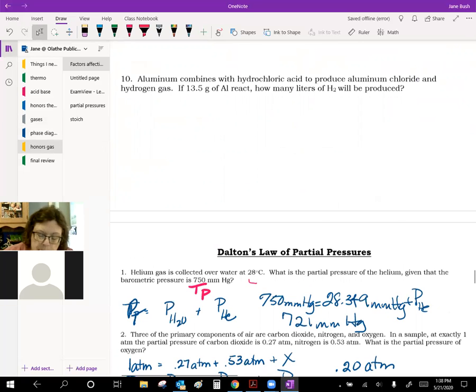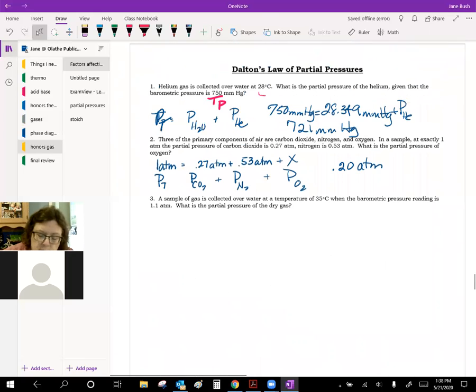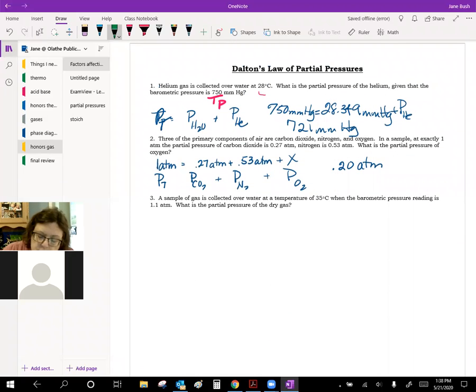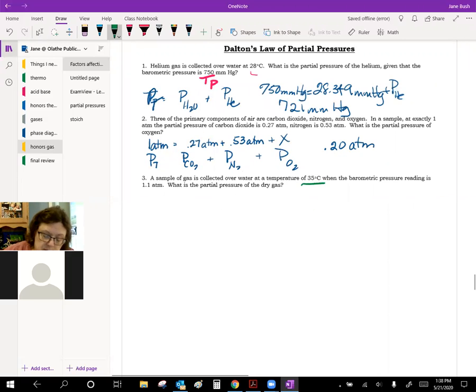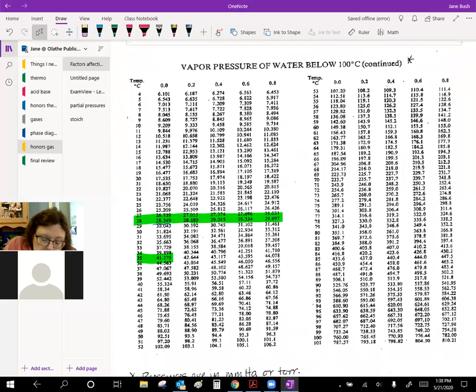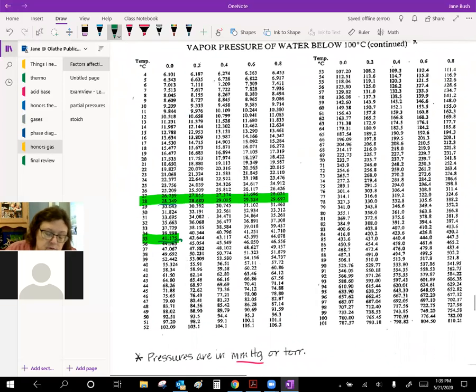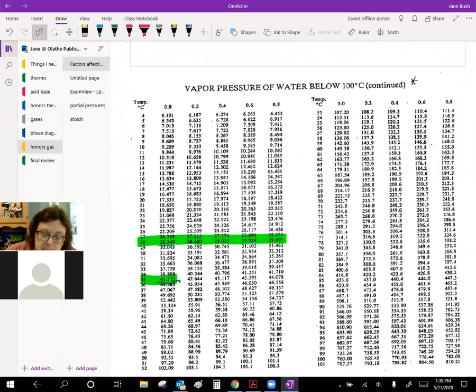The problem I gave you says we want to know the pressure of the gas at 35 degrees. So first we got to look up water at 35 degrees. Water is 41.175, and this is in millimeters of mercury, so we're going to have to do a conversion.